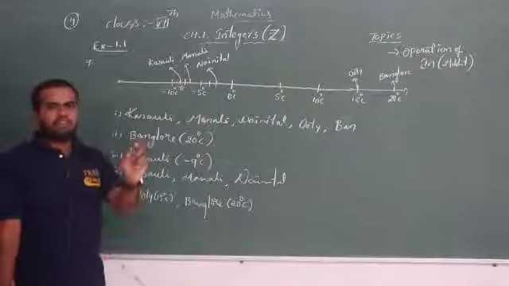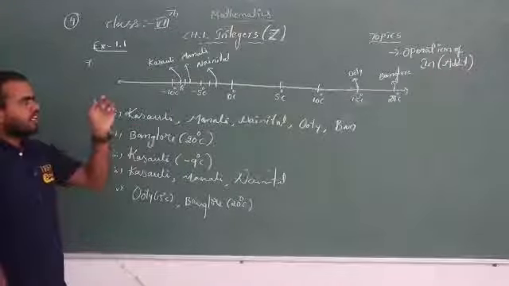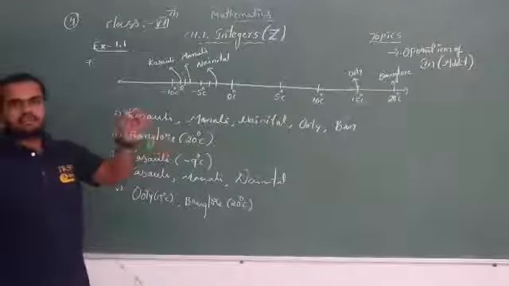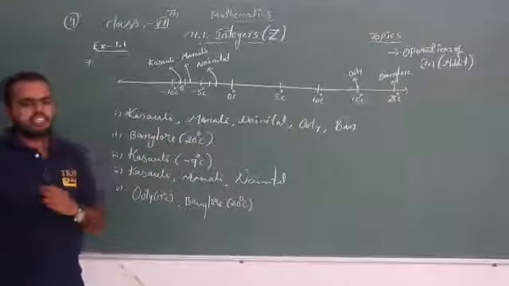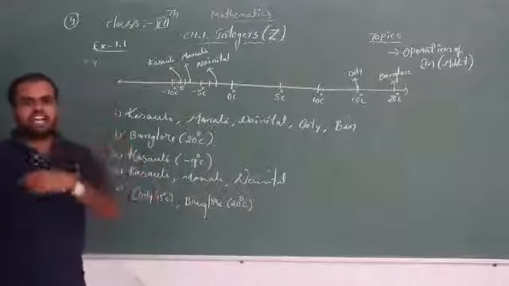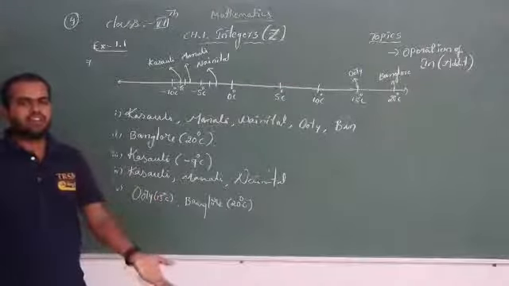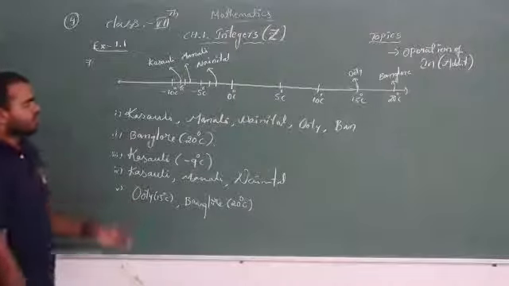The first operation and then based on that we have an exercise. Next operation is subtraction, with one more exercise. Next multiplication with an exercise, and division with an exercise. Then we have to learn about the properties of integers. One by one we will see.